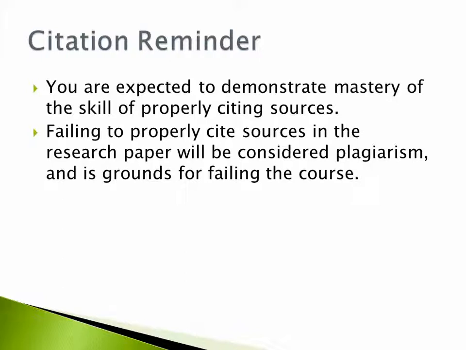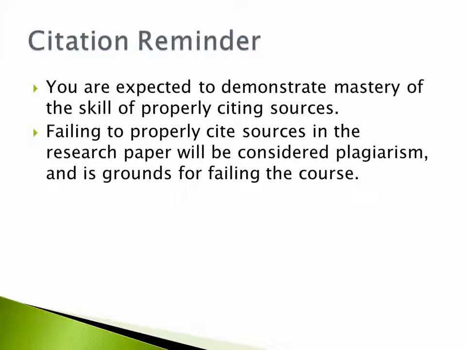In terms of the research paper, the way that Writing 303 works is the research paper is really the chance for you to demonstrate your mastery of the objectives of the course, which is research writing. So you are expected to be able to show that you know how to do that in the research paper.